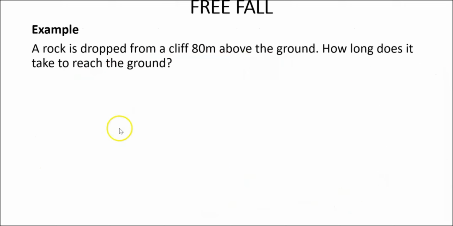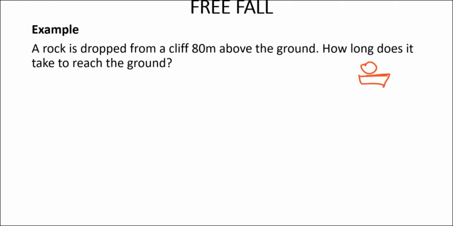Looking at this example: a rock is dropped from a cliff 80 meters above the ground. How long does it take to reach the ground? Let's assume this is the rock here, and this is the cliff.